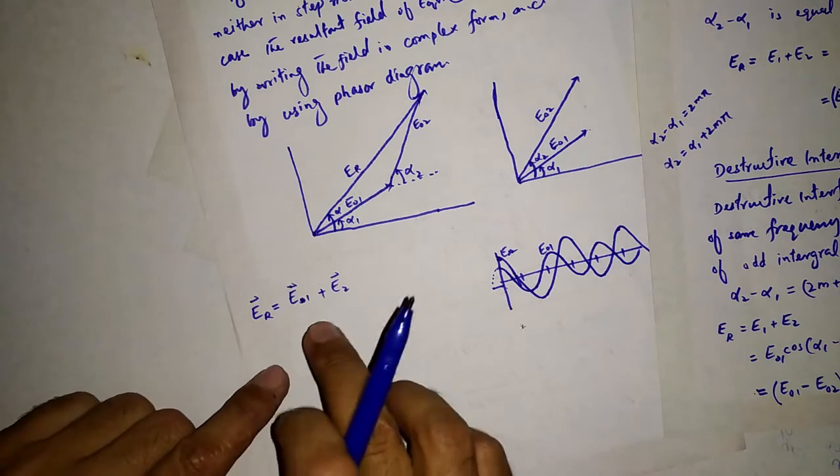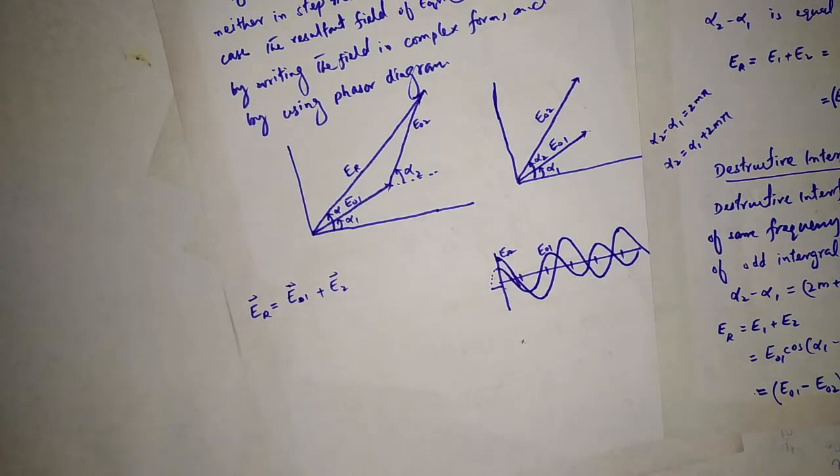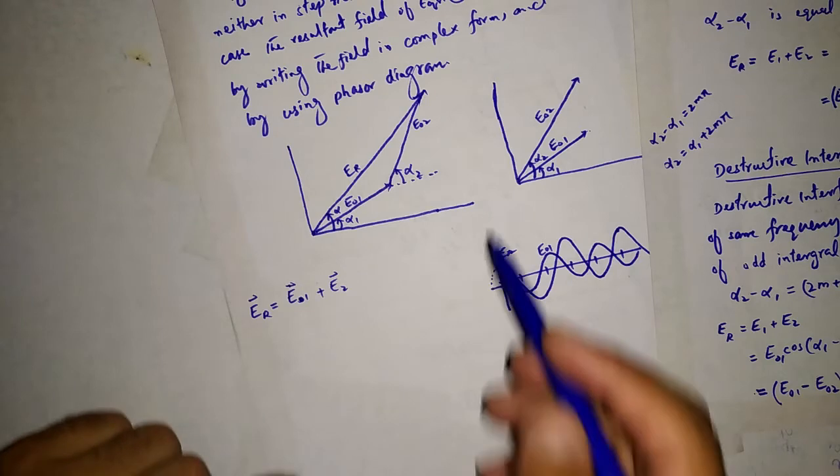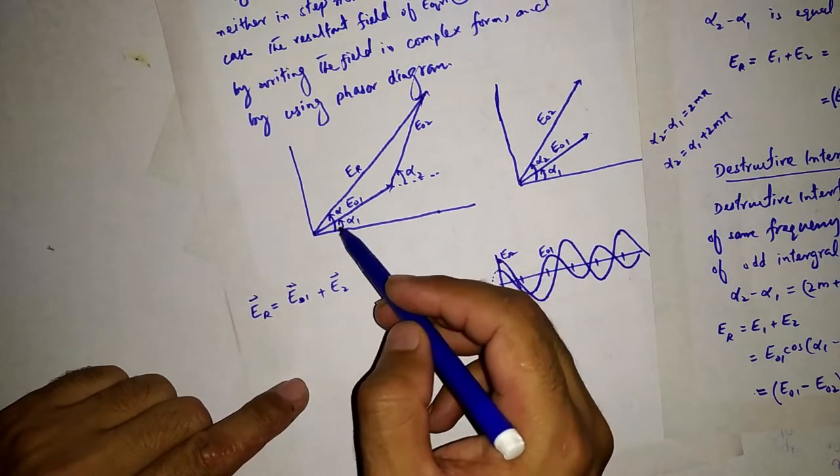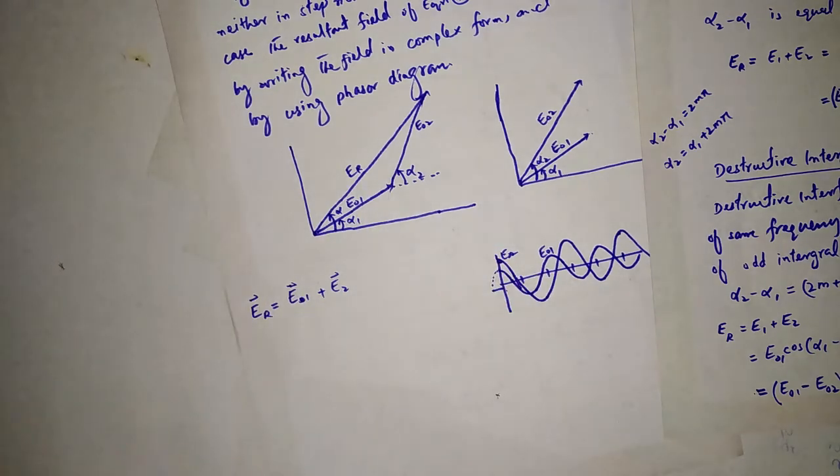Clear? Note that we have to add them vectorially. That means that in physics we treat complex quantities as vectors. The magnitude or length of the vector gives the amplitude of the wave, or the magnitude of the complex quantity, and the direction of the vector gives the phase of the complex quantity.